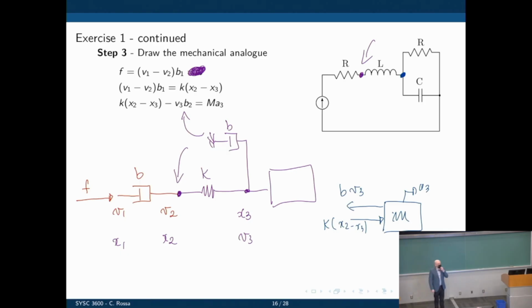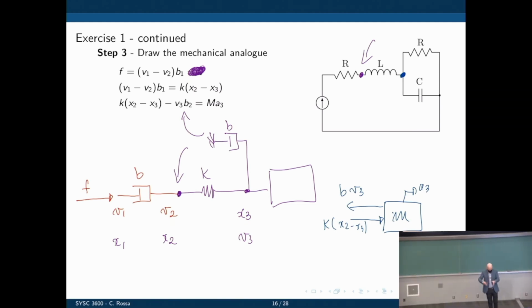Or, how about that? We have a mechanical system to simulate, and you could simulate its behavior by creating an equivalent electrical system, a physical electrical system that corresponds exactly to the behavior of the mechanical system, and then use that information, for example, in some sort of control system to control the behavior of the mechanical system.